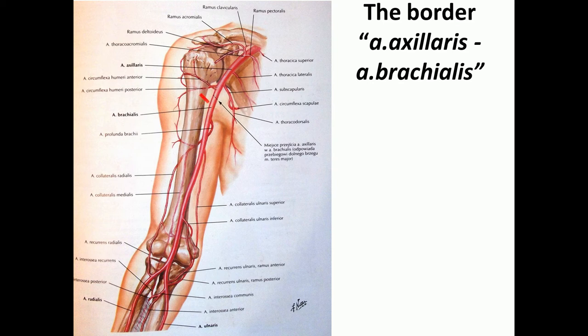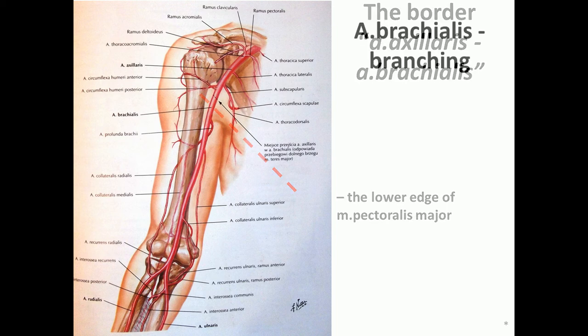So this border will be the lower edge of musculus pectoralis major. We can find here the projection of musculus pectoralis major on the surface of the body, and the lower edge of this muscle is the border. So here it is arteria axillaris, and here it is arteria brachialis.